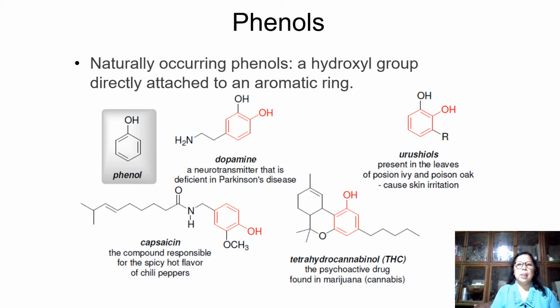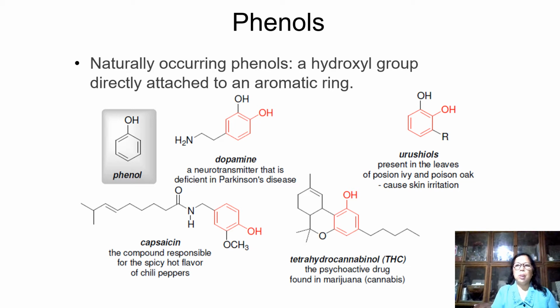The dopamine is a neurotransmitter that is deficient in Parkinson's disease. So if you see a person with Parkinson's disease, one of the symptoms is the involuntary movement of any part of the extremities, especially the fingers or the hands, or even some parts of the face. So the absence of dopamine leads to the presence of the disease Parkinson's.